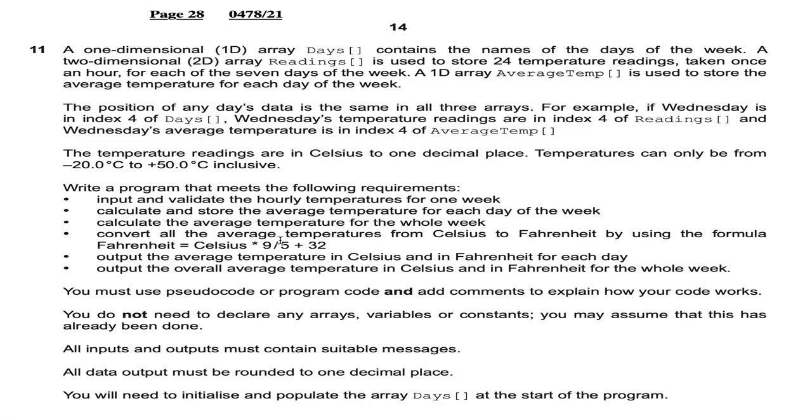Convert all the average temperatures from Celsius to Fahrenheit by using the formula Fahrenheit equals Celsius times 9/5 plus 32. Remember, we are inputting in Celsius. Output the average temperature in Celsius and in Fahrenheit for each day. Output the overall average temperature in Celsius and in Fahrenheit for the whole week.